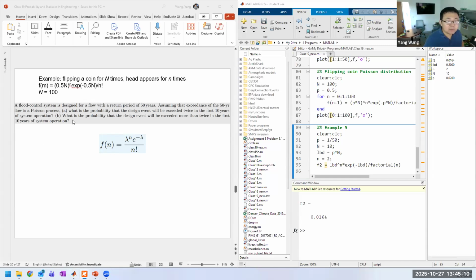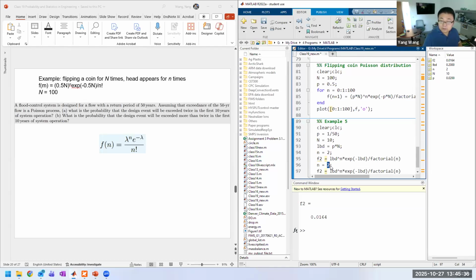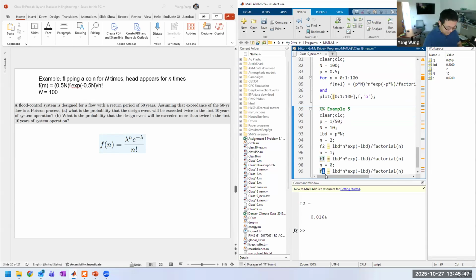And then you can also calculate the probability that the system will exceed more than twice in the first 10 years. If it's more than twice, it's going to be 3 times, 4 times, 5 times, and so on and so forth. So we have to consider the other way, which is going to be simpler. We can calculate F1 and F0, where n equals 0 means it doesn't happen at all.